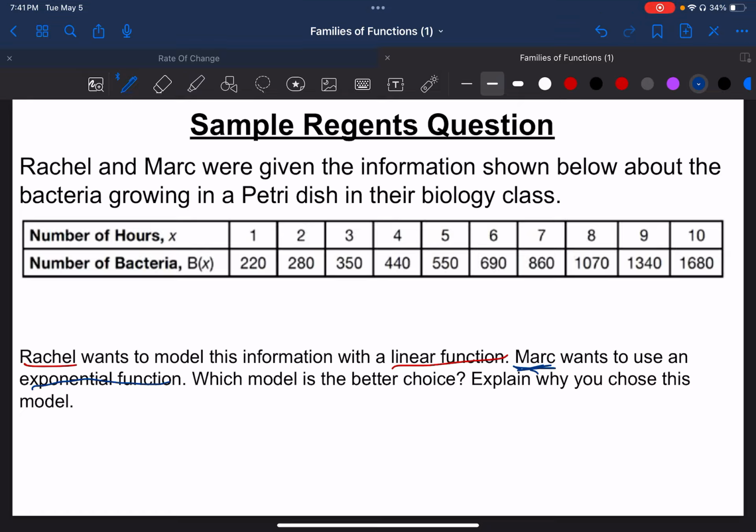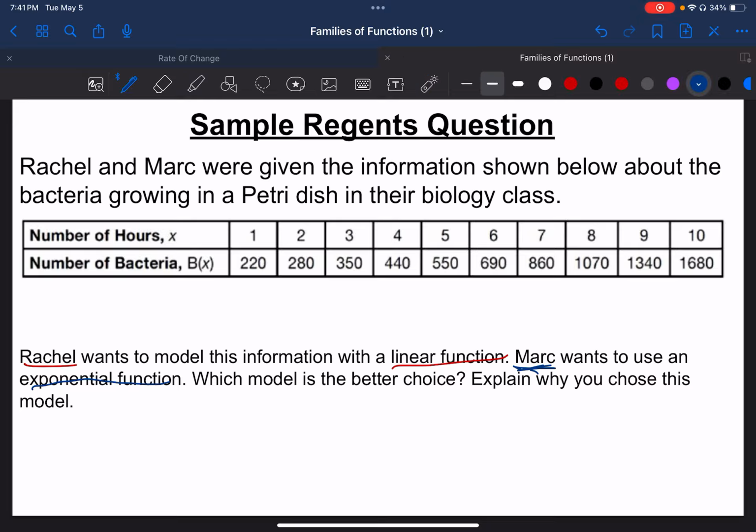Okay. If we look at our X values, it's all going by ones. So that's great that it's constant. So we don't have to do much analysis there. Let's focus on the B of X, or our output, or our Y row. So one way to know if these numbers are being added or multiplied is to find the difference between them, right?